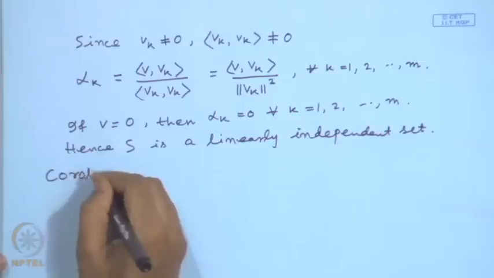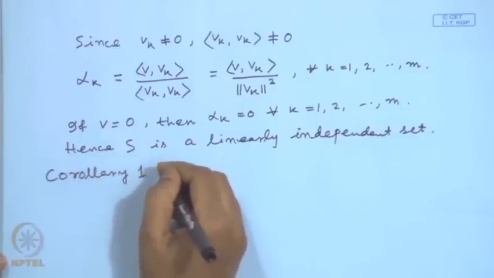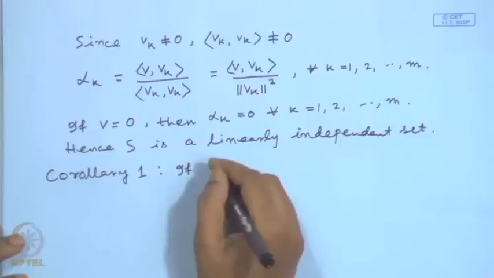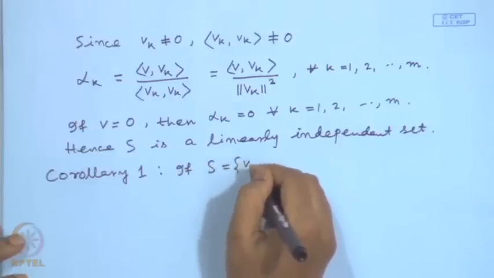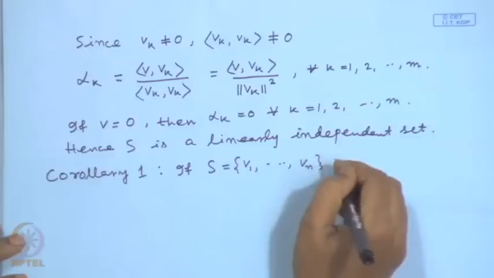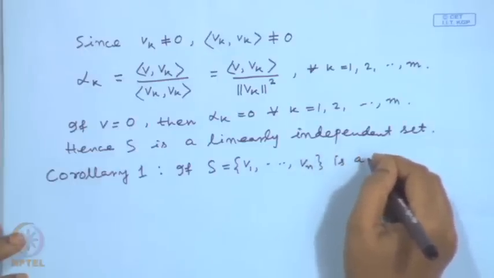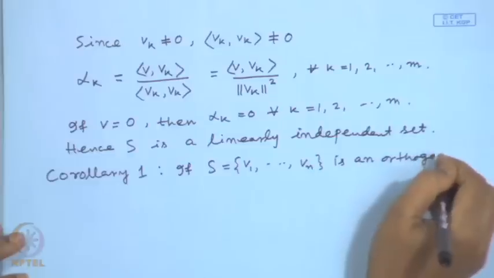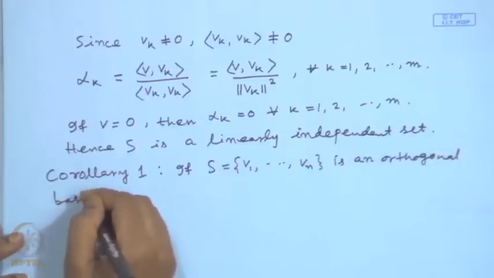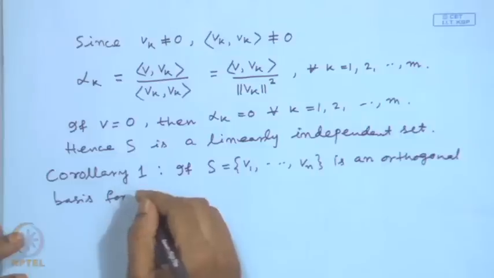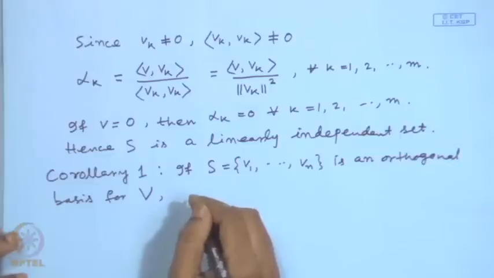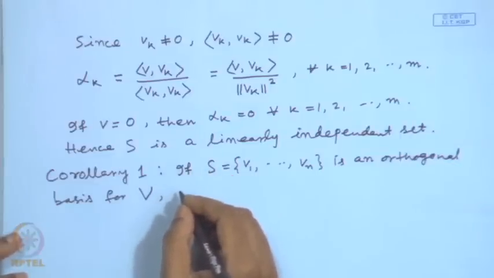The first corollary that we have is: if this set S, consisting of say v1, v2 to vn, is an orthogonal basis for this inner product space V, then it is easy to determine the coordinates of every vector in this inner product space.